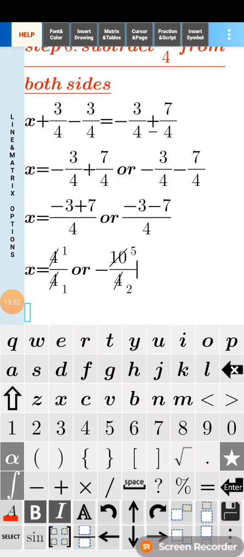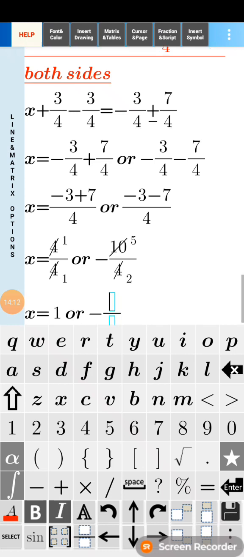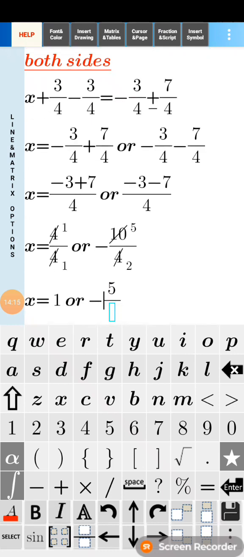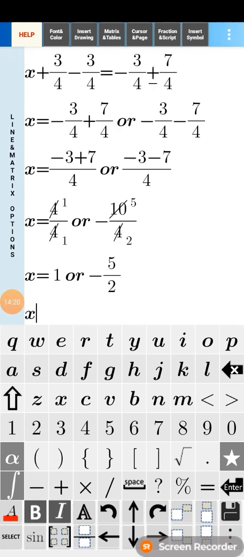Is this helpful? Thank you very much. So I will write out what I have. Now the x is equal to, what I have from the first fraction is 1 over 1, which is 1, or I have my minus 5 over 2. So like I said, I prefer to leave my answer as a mixed fraction, not improper.